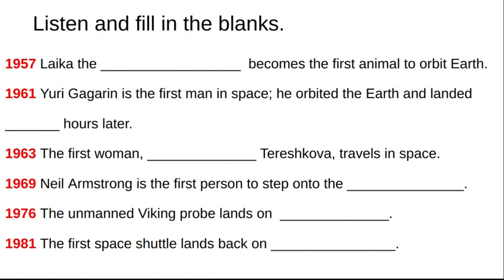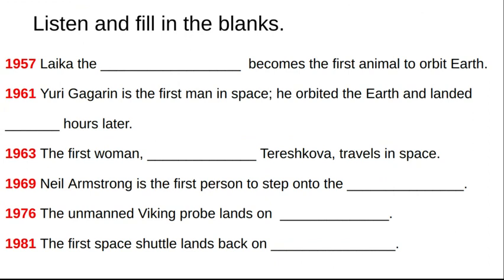1957. Laika the dog becomes the first animal to orbit Earth in Sputnik 2. 1961. Yuri Gagarin is the first man in space. He orbited the Earth and landed 2 hours later. 1963.